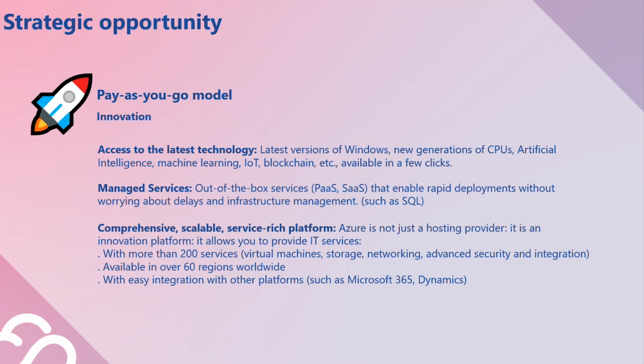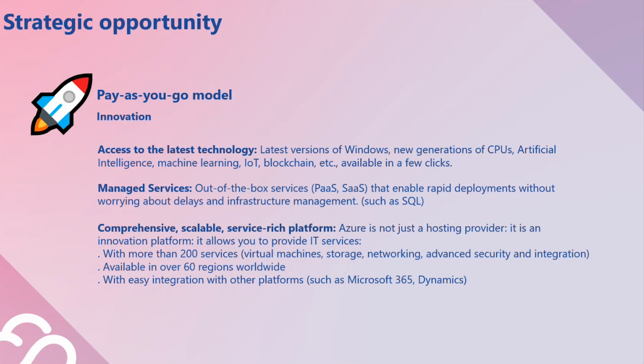Managed services, out of the box services, platform as a service, software as a service. Good example of platform as a service: AVD. Out of the box, you can configure and let's start to play. Software as a service, Microsoft Office 365 and Windows 365 are good examples in the small business enterprise.